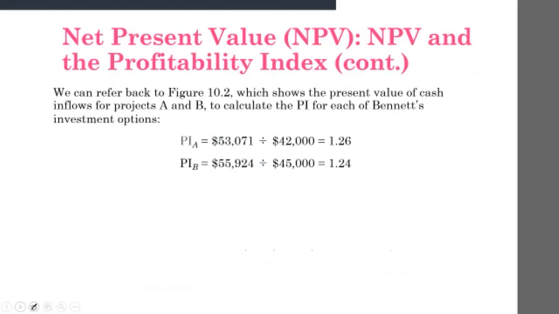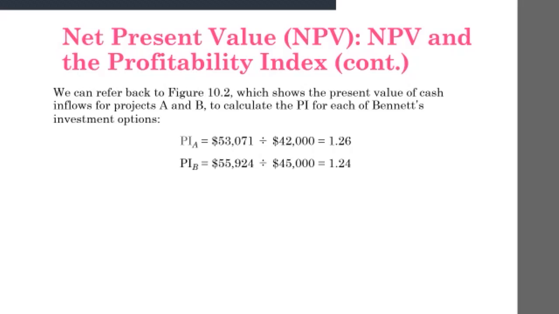Now here we have the net present value of the project, the present value of cash inflows for the project, right, A and B, to calculate the PI for each of Bennett's investment opportunities.